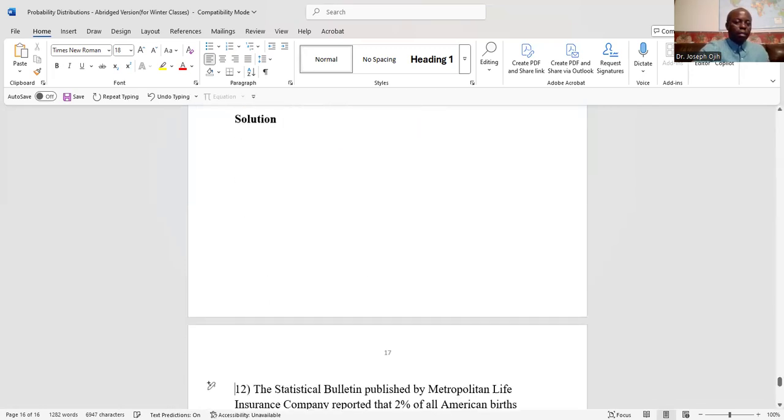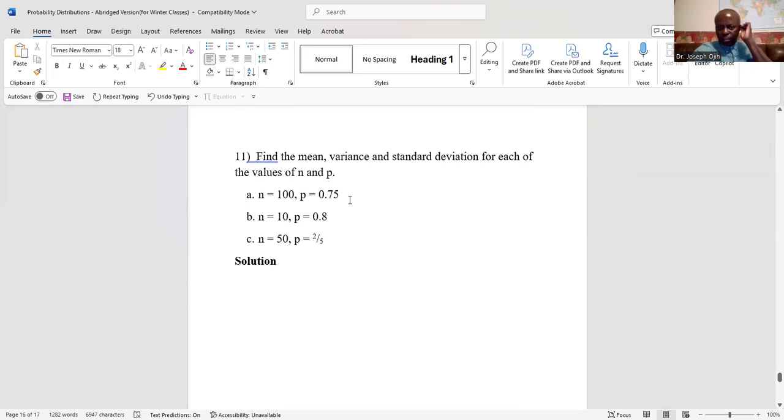Here it says, find the mean, variance, and standard deviation for each of these. Let's try part A. Here, n equals 100. P equals 0.75. They didn't give you the q, so you have to get it by yourself. q equals 1 minus p, which is 1 minus 0.75.